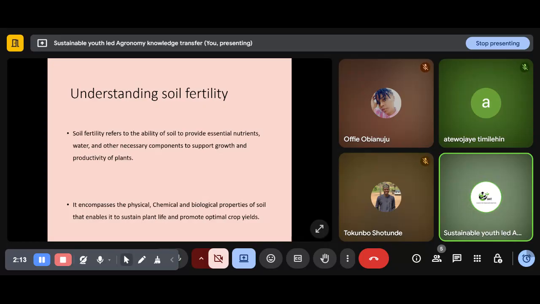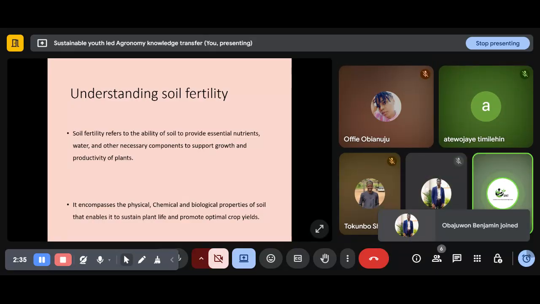So your soil needs to be able to provide the essential nutrients that the plant needs for growing. It needs to be able to provide nitrogen, phosphorus, potassium and other macro or micronutrients. It needs to be able to provide water too, because if your soil cannot provide water for your plant, the plant will not be able to absorb water and it will lead to crop production failure.